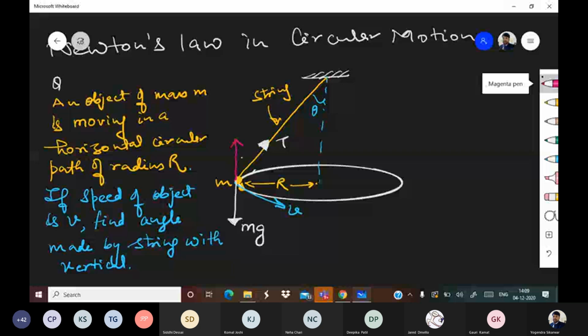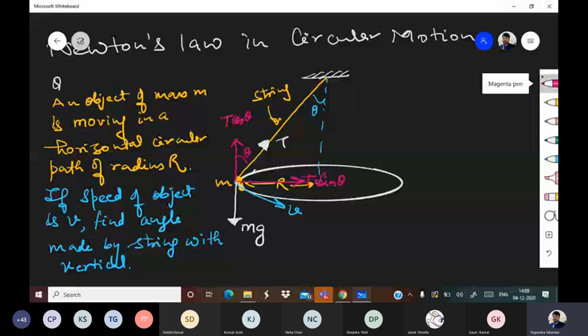So for mass m, along vertical, T cos theta minus mg is equal to 0, and that gives you T cos theta is equal to mg, equation number 1.